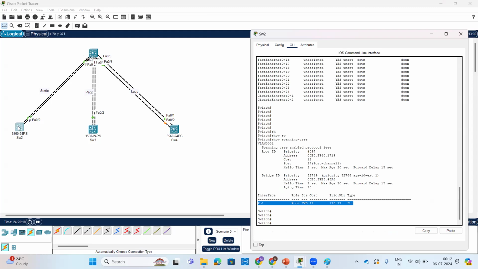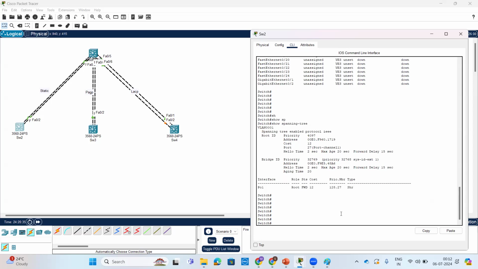So this port is the root port, and it receives the superior BPDUs, whichever STP information. What content is in a superior BPDU? Version, protocol, ports, everything. This is all the STP information available.